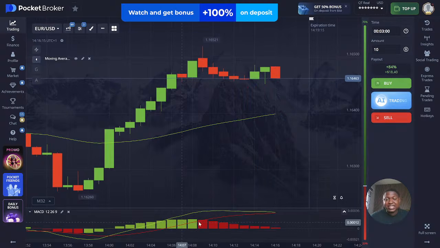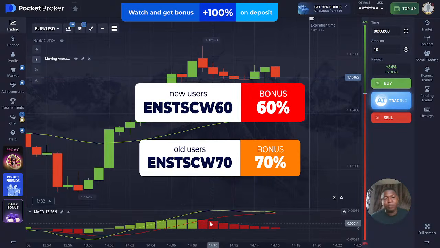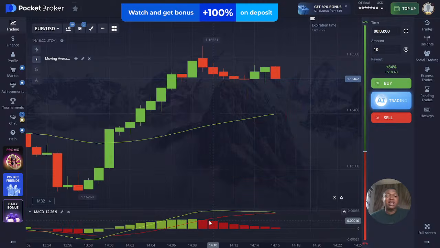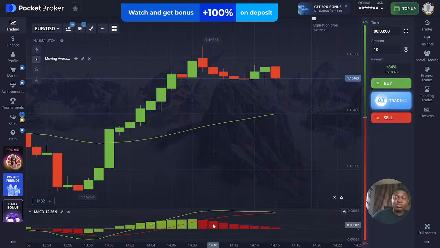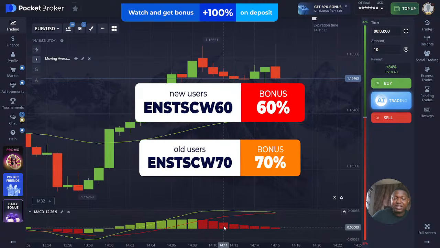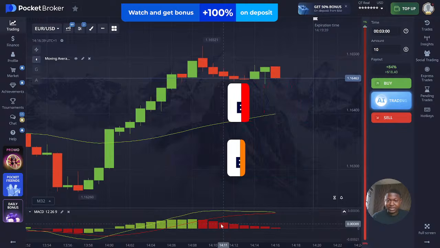Note that in every MACD, you have a couple of red bars before you switch to a couple of green bars, then you switch back to red bars. So we can trade using these red bars, because if we have one red bar, there's likely going to be more red bars before it switches to green. Do you understand me? Yes.